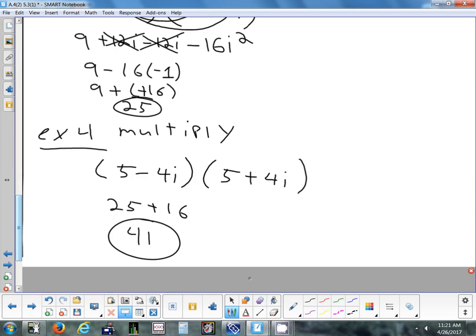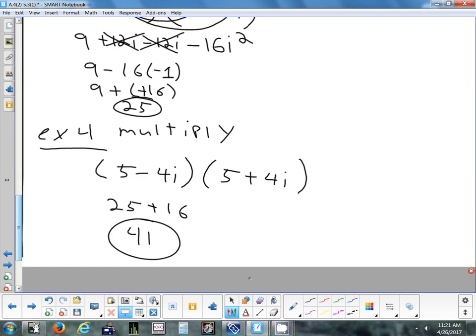That's it. That's the whole problem. If you don't remember the shortcut, you can go back and foil it, but you're just going to slow you down a little bit. So 5 squared is 25, 4 squared is 16, 25 and 16 is 41.